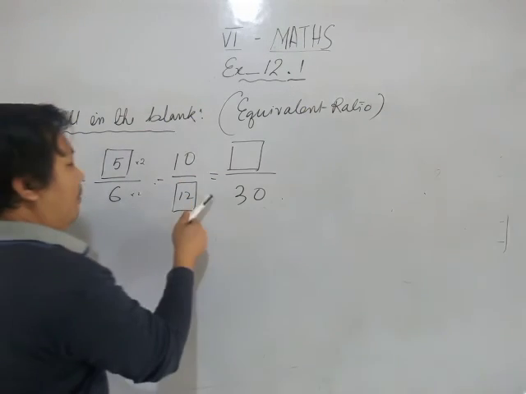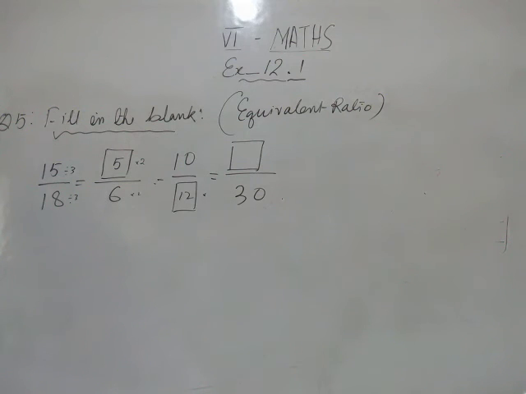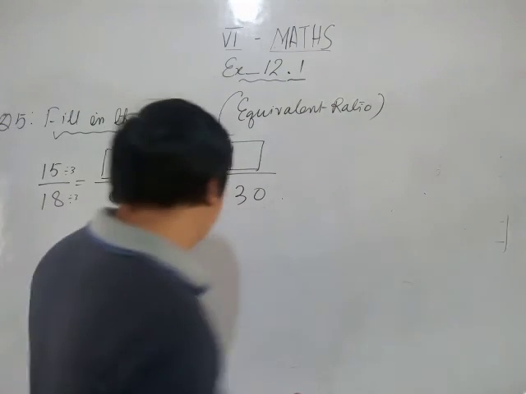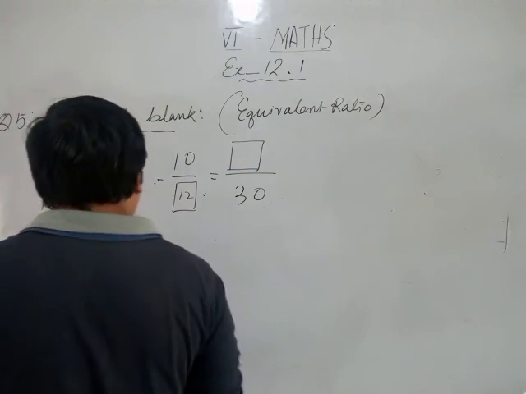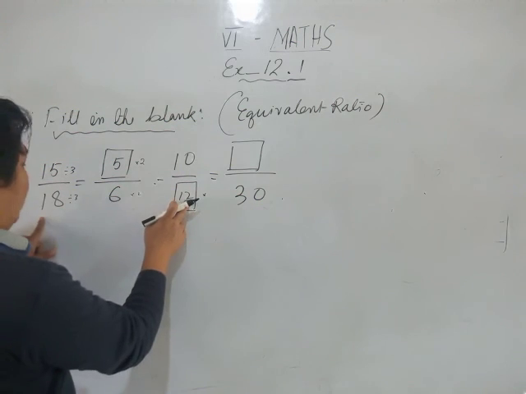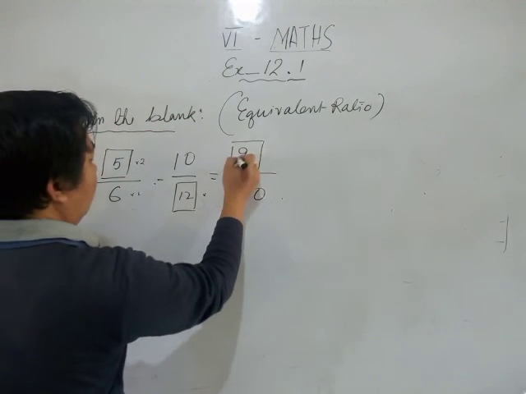And next, by multiplying something you get 30 here. By what number do you multiply to get 30? Check it out. So now, adding the values, we get 25 for this one.